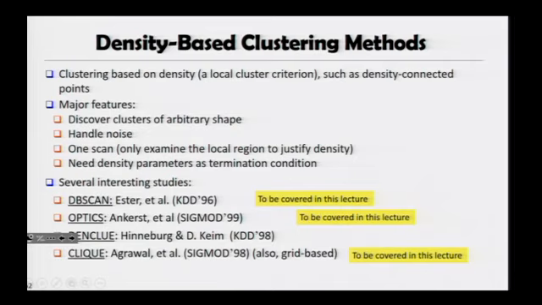CLIQUE will be covered in the grid-based methods, but I want to make a note here that it's also a density-based method, and later on in the slides we will see why it belongs to both categories.